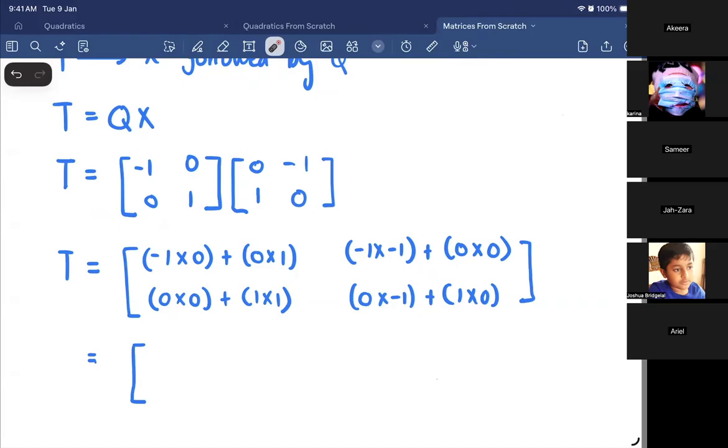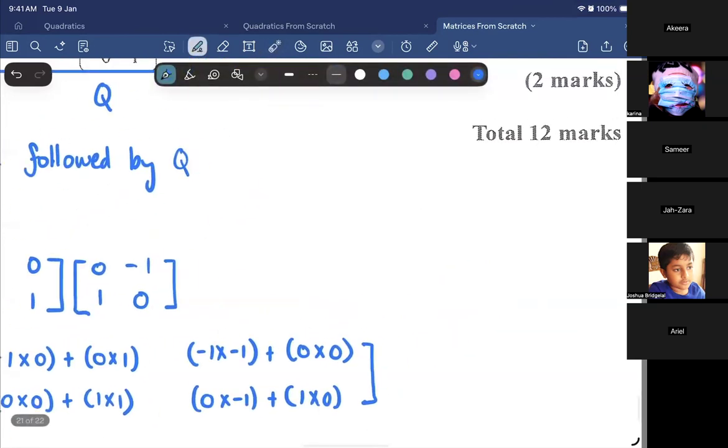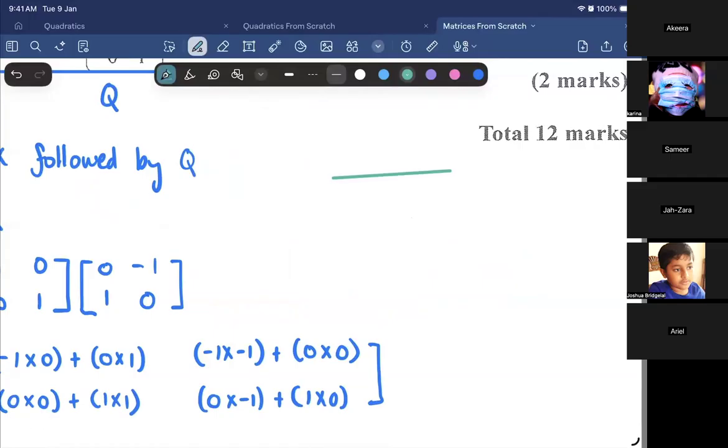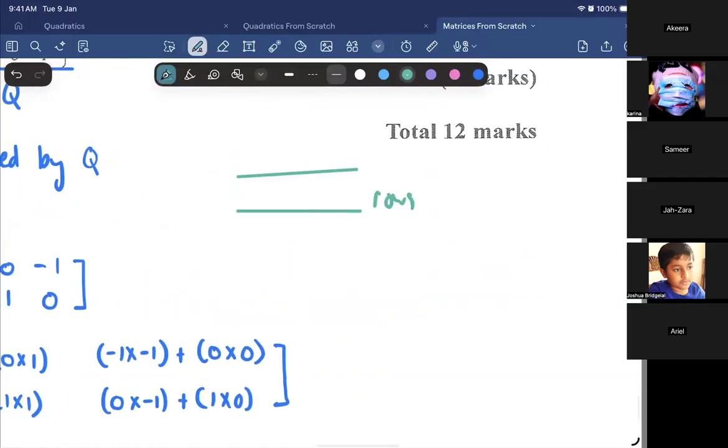Well, let me explain what happened in here. Can you see that we have a row here? Yes, sir. And this is another row. So these are rows, and these are columns.